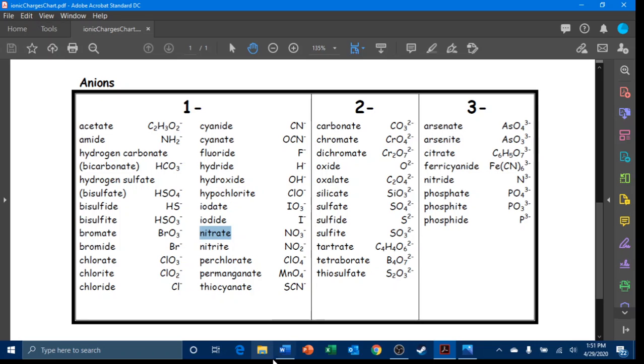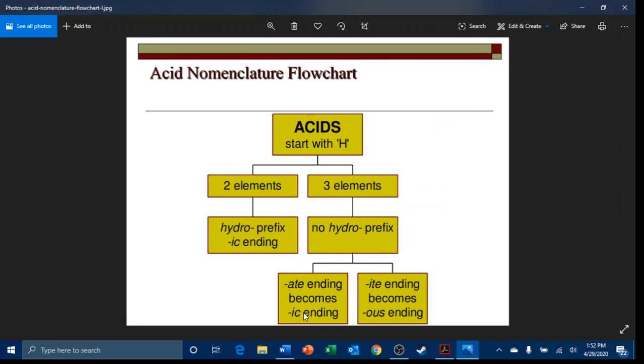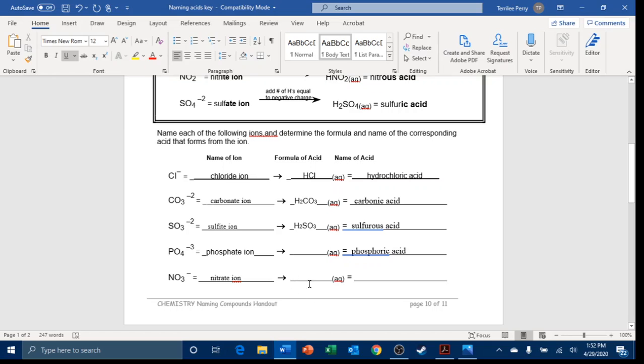Okay, so let's go over here and put nitrate. Oops. Nitrate ion. And ate goes to ic. Okay, so this is going to be nitric acid.